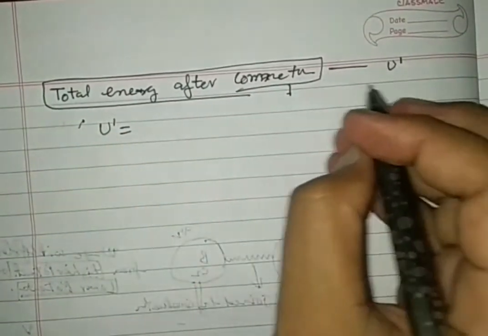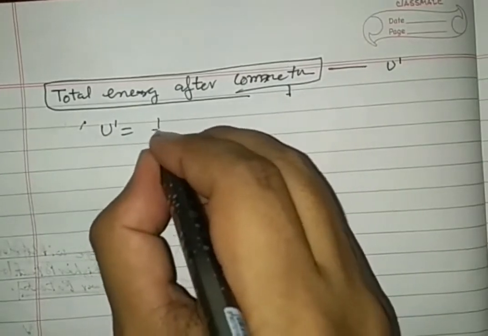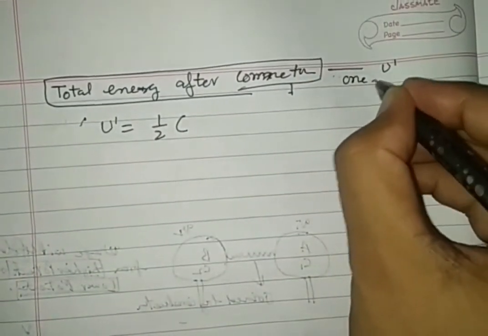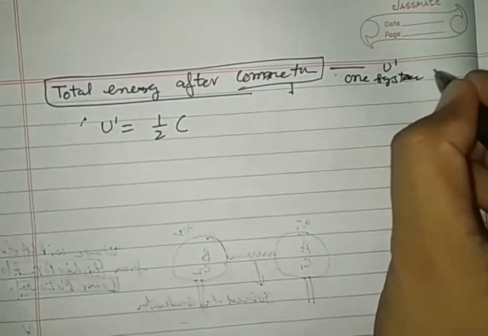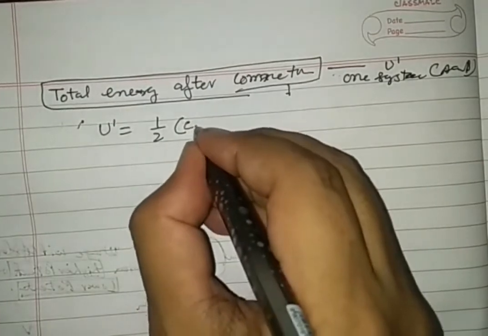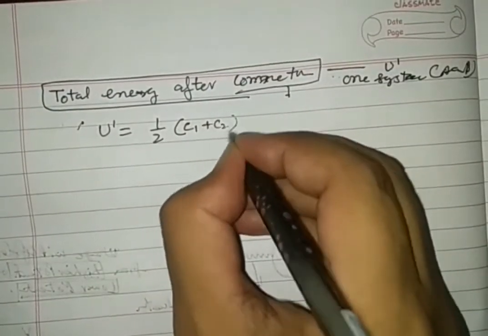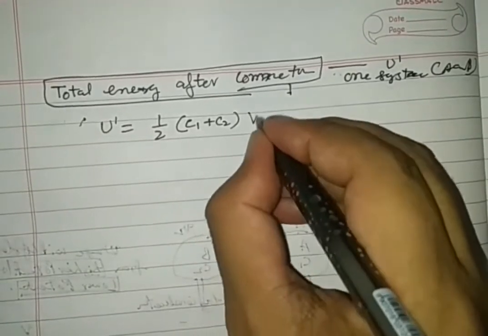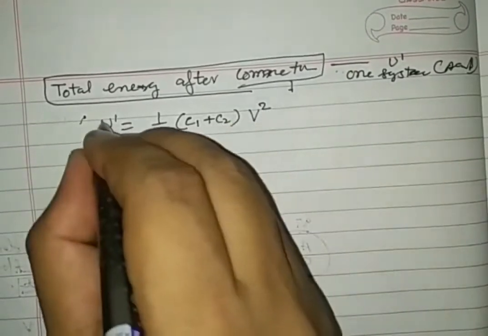Total energy after connection is U dash. It is half C V square. So it is a common system, one system of A and B. Both capacitors are added, so the capacitance becomes C1 plus C2, and its common potential V square.